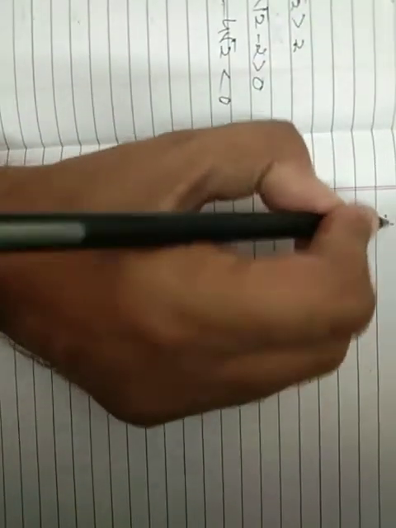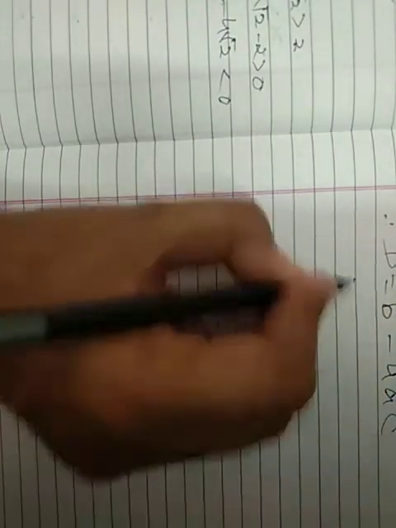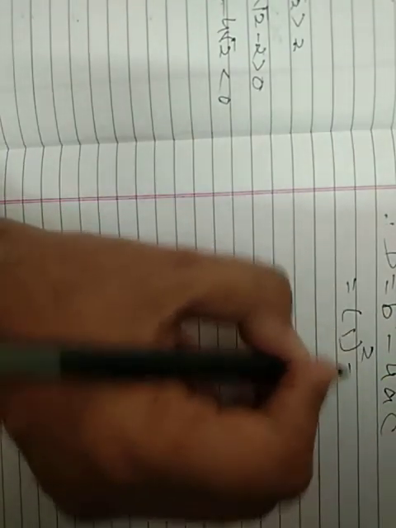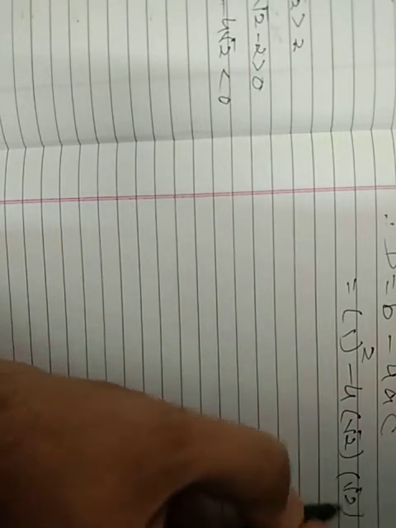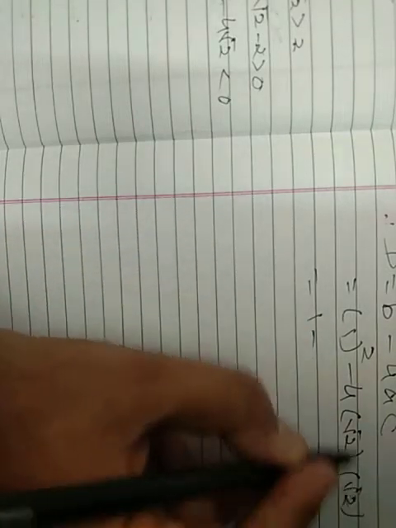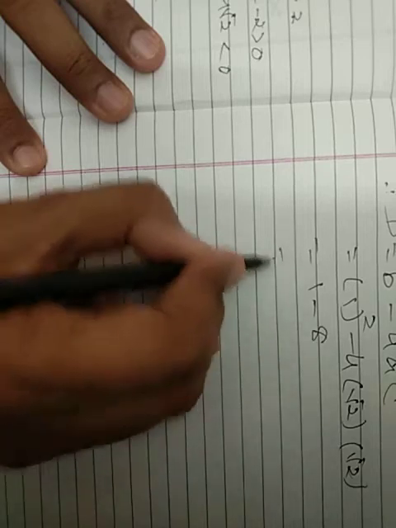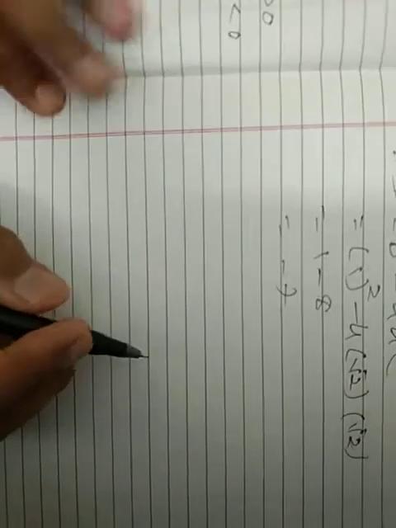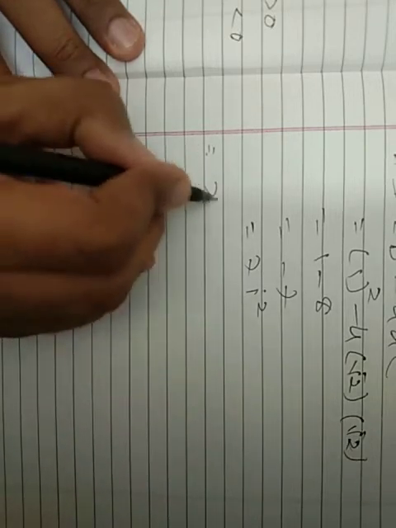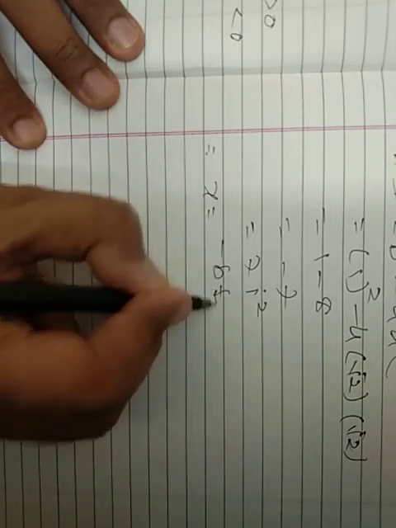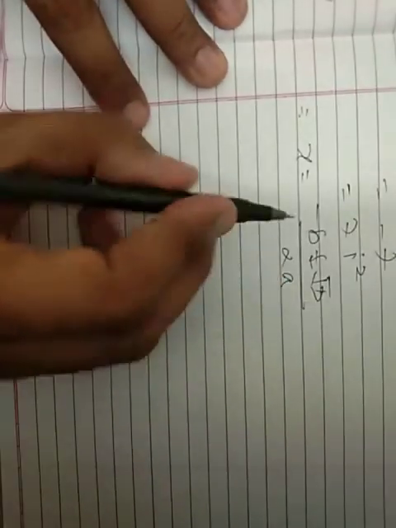Okay. Now delta is equal to b square minus 4ac. B square means 1, minus 4ac. 1 minus root 2 into root 2, 2 into 4, 8. This is equal to minus 7. That's why 7i square. Therefore x equal to minus b plus or minus root delta upon 2a.